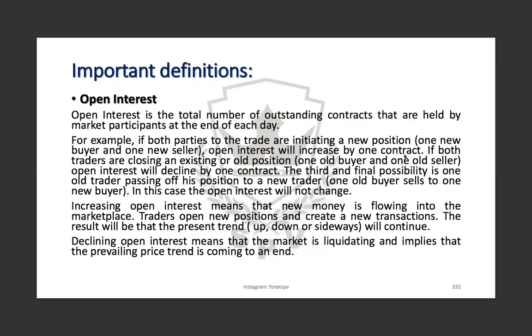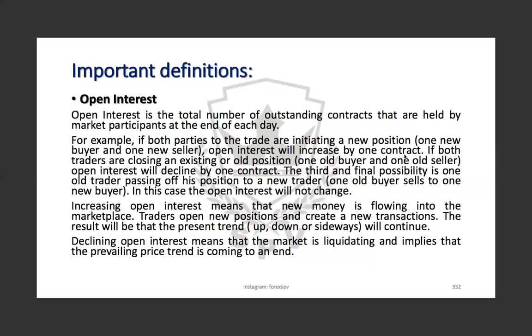So if both parties decide to initiate a new position, so you find one new buyer and one new seller in the market, then open interest will increase by 1 contract. And if traders are closing an existing position, like an old buyer and an old seller, then open interest will decline by 1 contract.